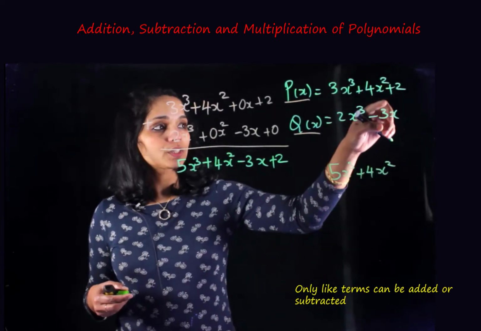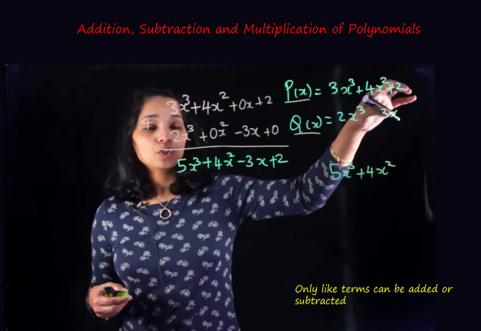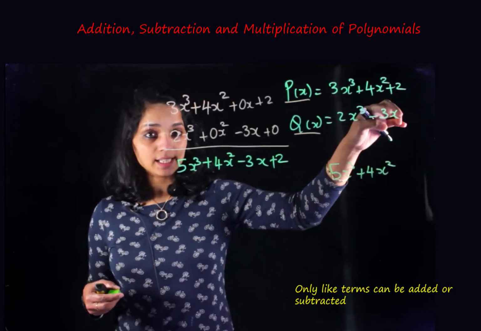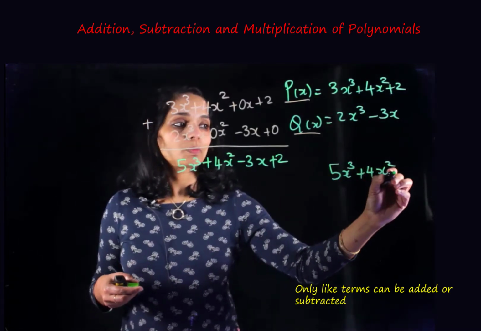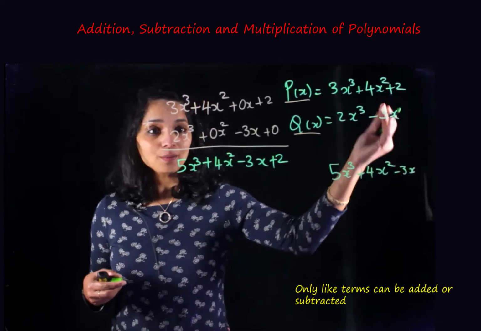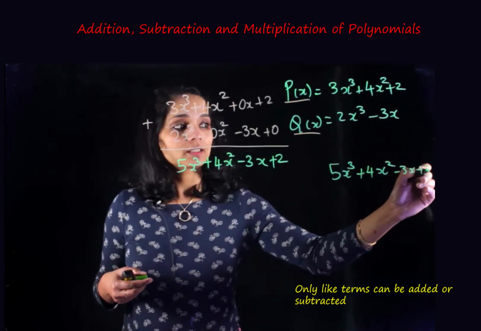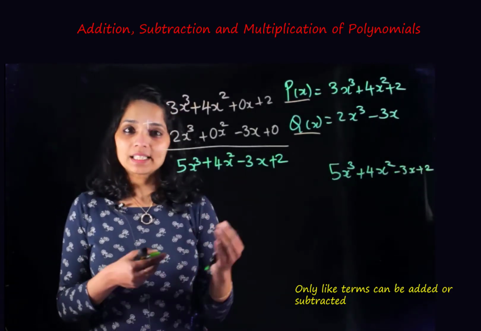There's a minus 3 for the x term, but there's no corresponding term for x in here, so treat it as 0. 0 minus 3 is minus 3x, and then 2 plus 0, so it's a 2. It's so quick when you practice a little bit more.